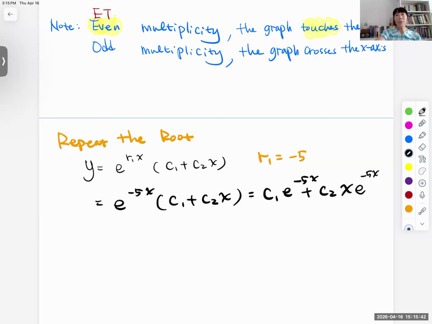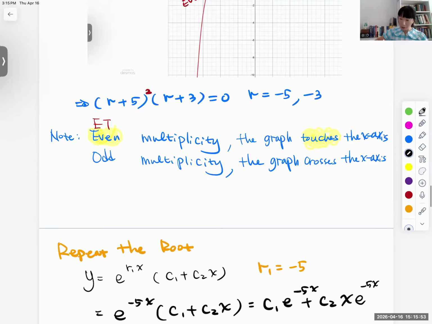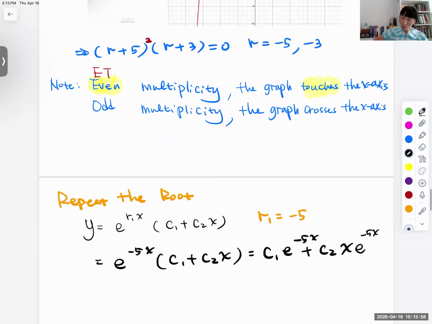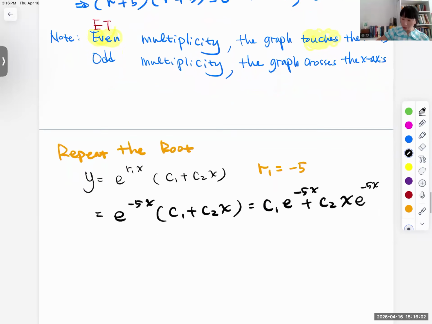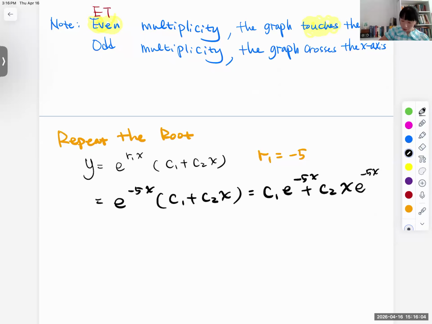Okay, now what about the other solution? How do we write it, right? Because this is a regular solution, it's not the repeat. So let's make the other solution. We have r sub 2 equal to -3 as well, right?